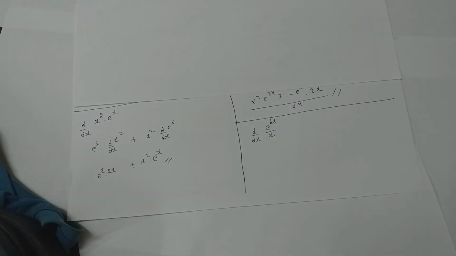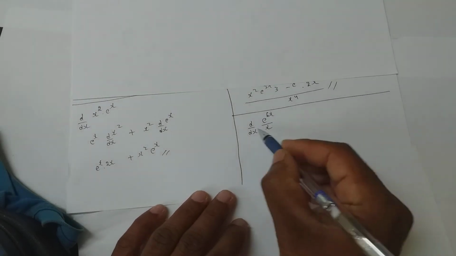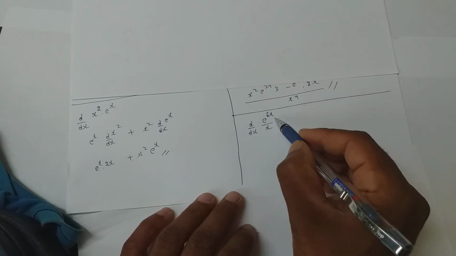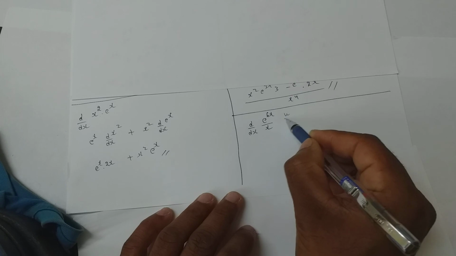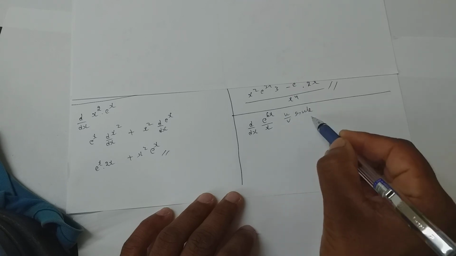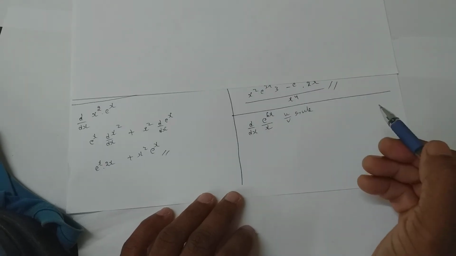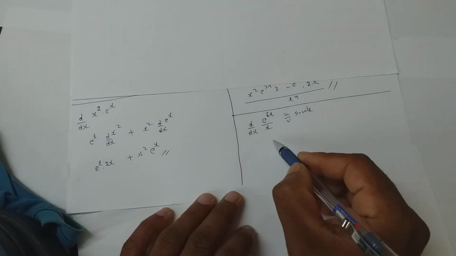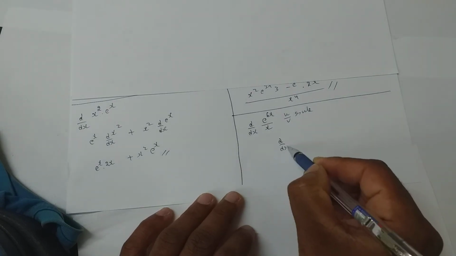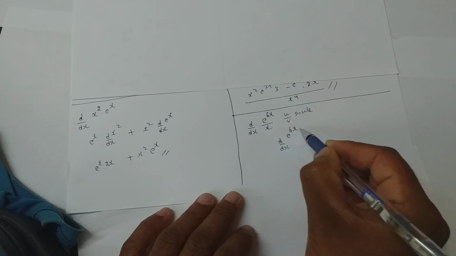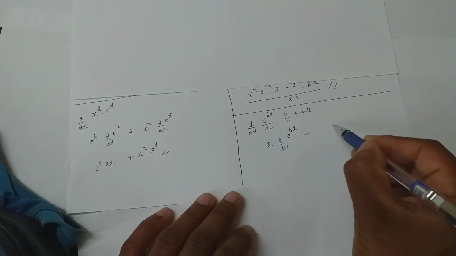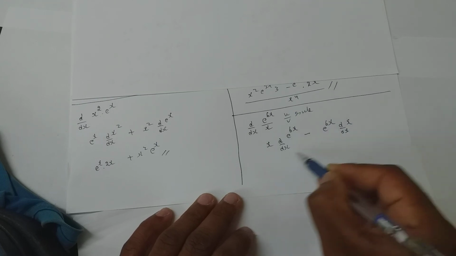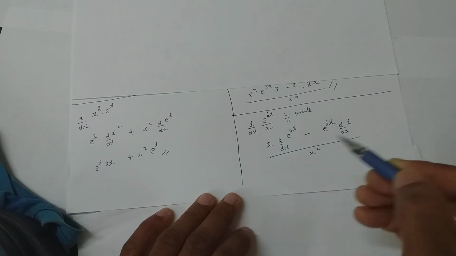Now next example. If you want to differentiate d by dx of e power 6x by x, you see, it's a fraction, so you need to go with u by v rule. What is u by v rule? Differentiate one at a time with a negative sign, and in the denominator v square. So it starts with differentiating the numerator into x, minus d by dx of x into e power 6x, by x square.